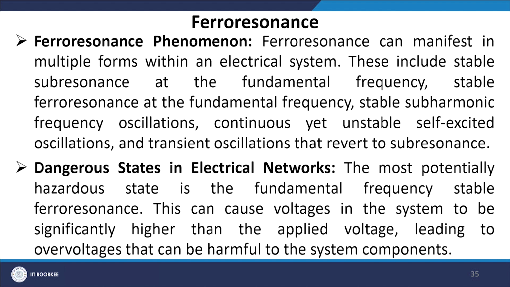Now, the most potentially hazardous state in an electrical network is the fundamental frequency stable ferroresonance. This can cause voltage in the system to be significantly higher than the applied voltage, leading to overvoltage that can be harmful to the majority of the system components.